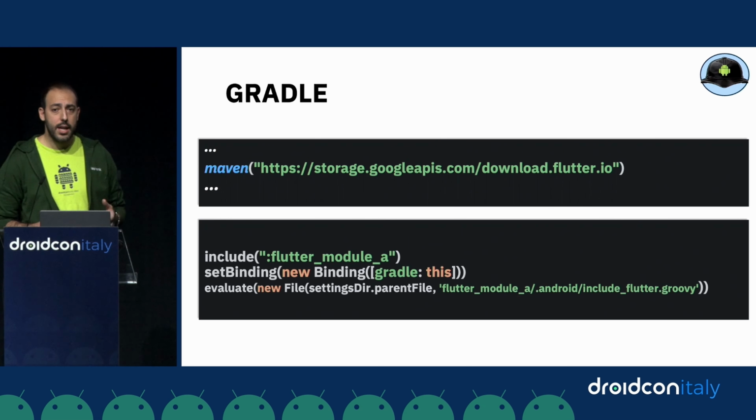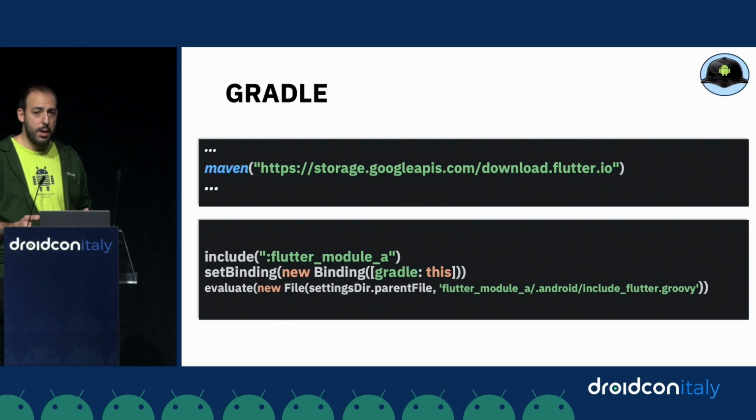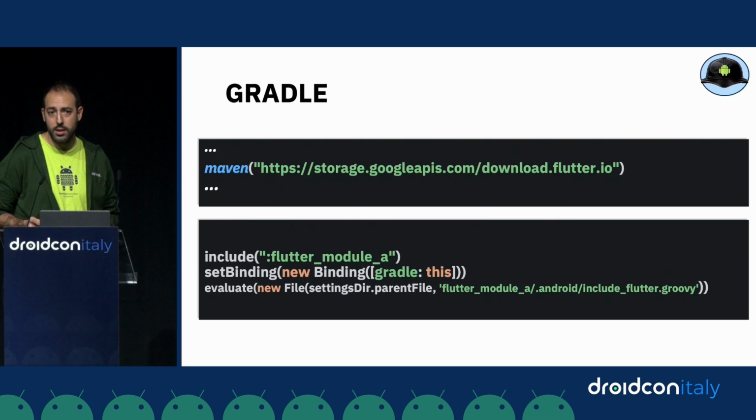Then you can use this code in order to include the Flutter Module A. The Flutter Module A can also be published as an artifact. You can use it as a dependency, depending on your organization and your project.